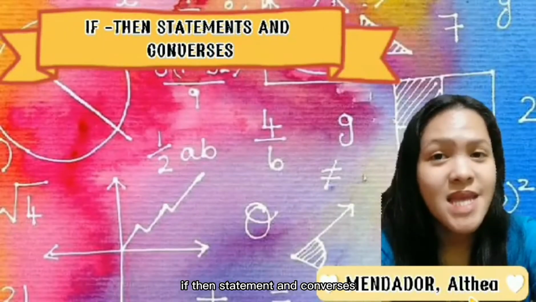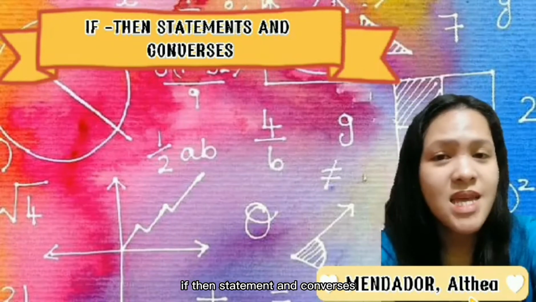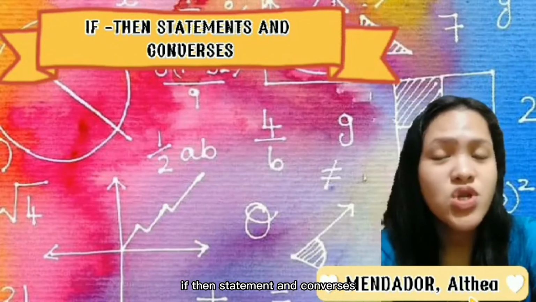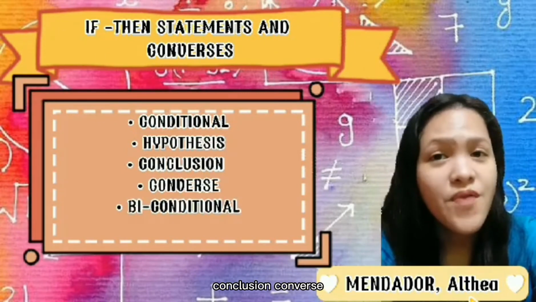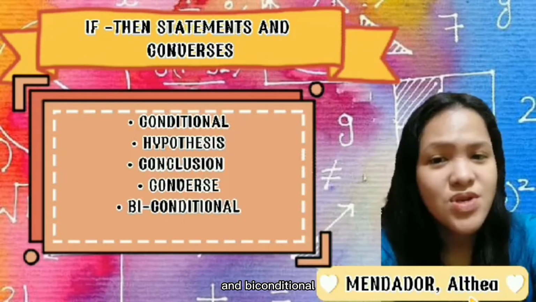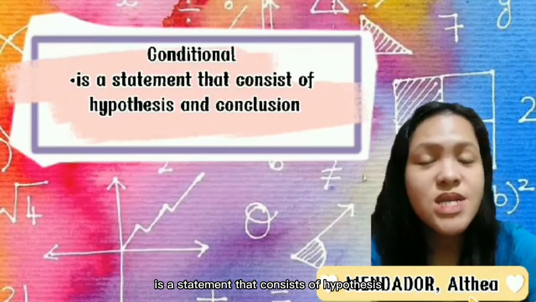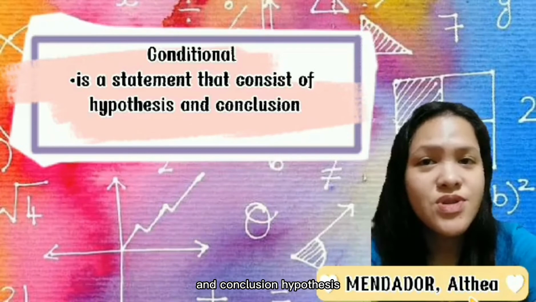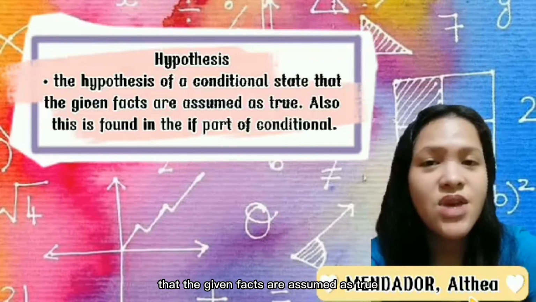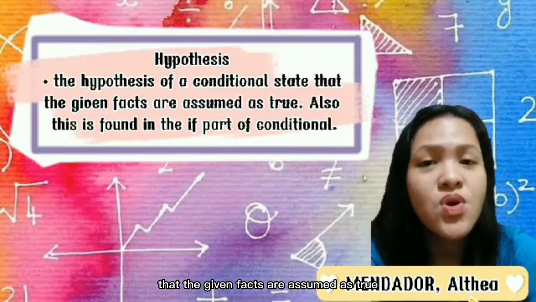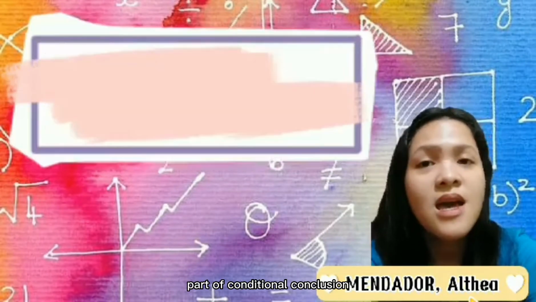If-then statements and converses. There are the following terms: conditional, hypothesis, conclusion, converse, and biconditional. Conditional is a statement that consists of a hypothesis and a conclusion. Hypothesis: the hypothesis of a conditional states that the given facts are assumed to be true. This is found in the if part of the conditional.